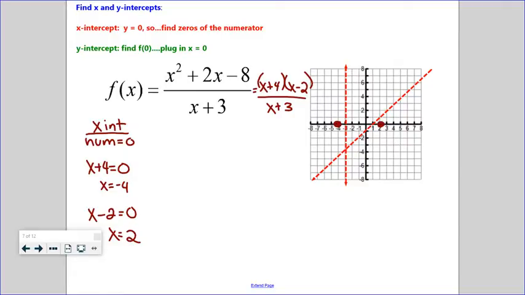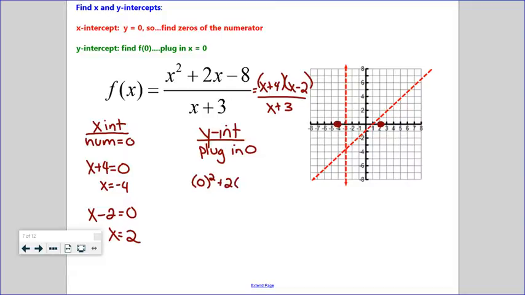Remember that you can have multiple x-intercepts. There is no set number of x-intercepts. You could have 0, you could have 1, 2, 3, 4. There is no particular number. You can only have at most one y-intercept, and we get that from just plugging in 0. So I would go back to the original if it was me. You can plug it into the factored form, but all we are doing is plugging in 0.